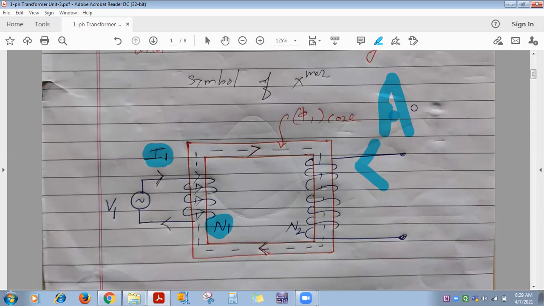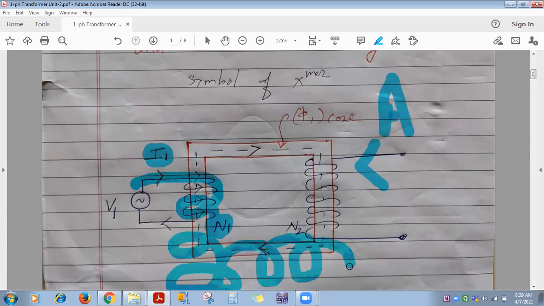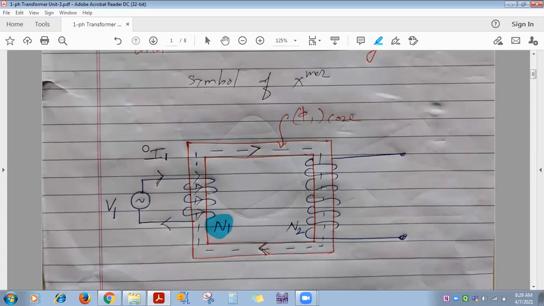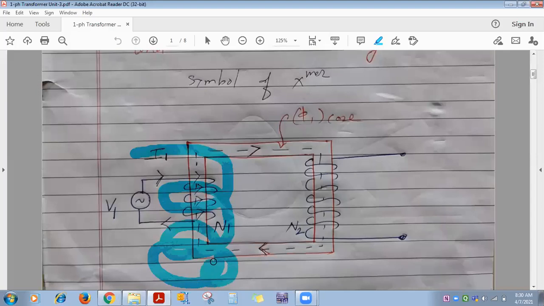See how the current flows: above the limb, then below the limb, above the limb, below the limb, above the limb. In which direction am I plotting the circle? I am plotting clockwise. The current starts from here above the limb, then goes below the limb, then again above, then again below. So how am I plotting the circle, clockwise or anti-clockwise? Clockwise. Yes, so this winding is clockwise.